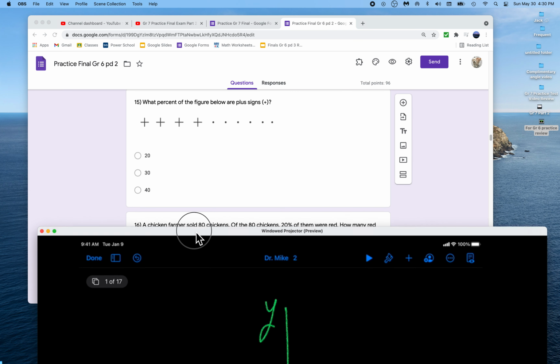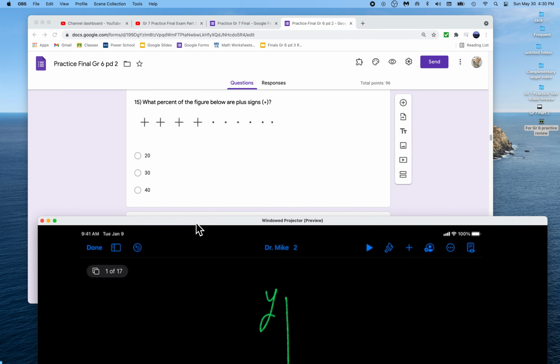Okay, percents. There's a lot of percents on this practice test, and indeed a lot of percents on your final. Okay, what percent of the figure are plus signs? You see this term, what percent?